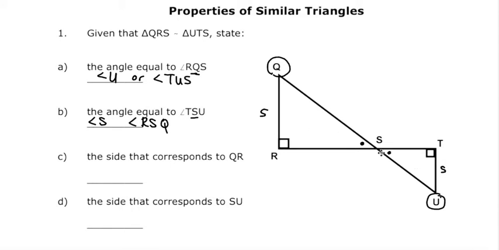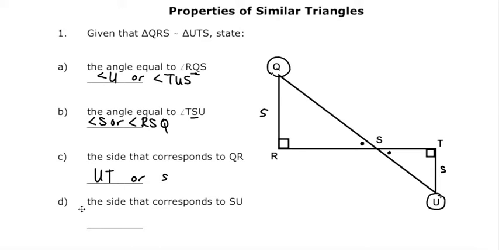And so it can be kind of confusing when they're called the same letter. So instead of saying S corresponds to S, so these two sides are in proportion to each other, we're going to say that QR is in proportion to UT. Or if you really wanted to, you could call it S. Okay, either of those would be fine.